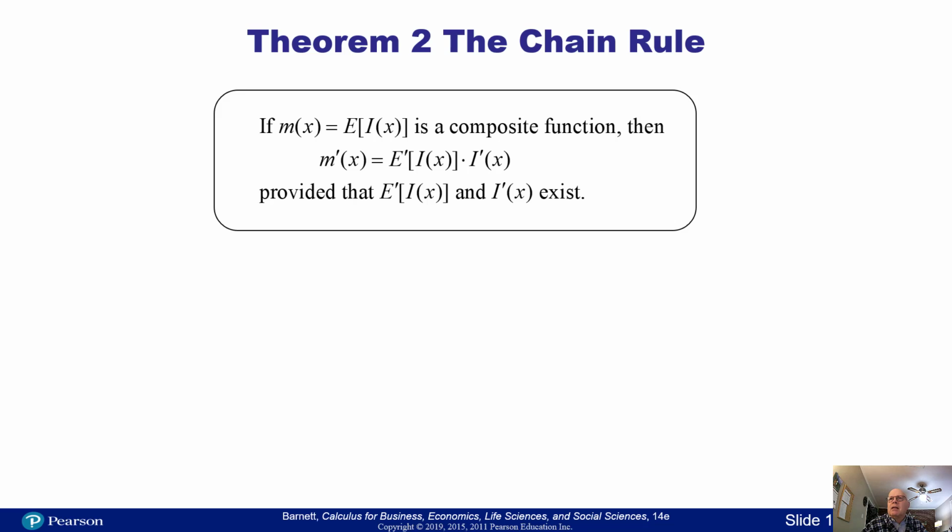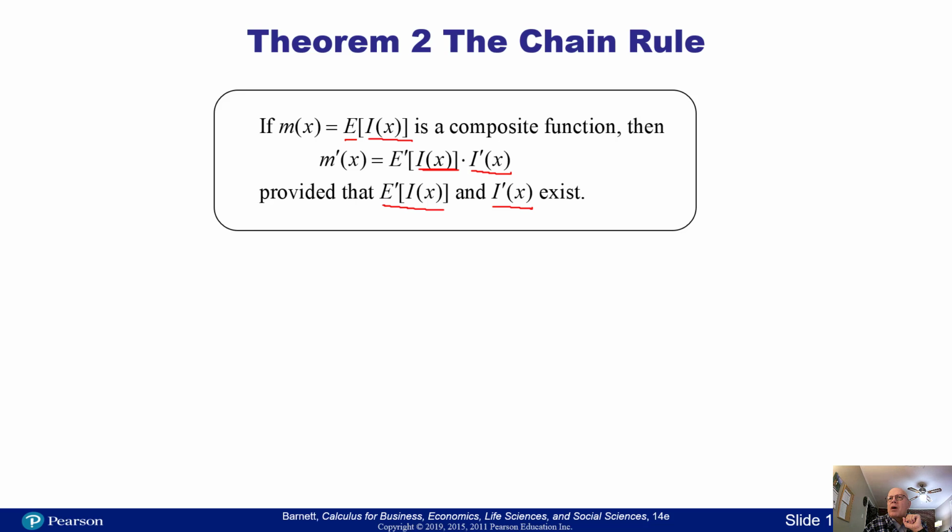Next, Theorem 2, the chain rule. So first of all, these derivatives have to exist. If this is a composite function, then this is the outside function, this is the inside function. So we take the outside function, leave this part alone, and then take the derivative of the inside function.